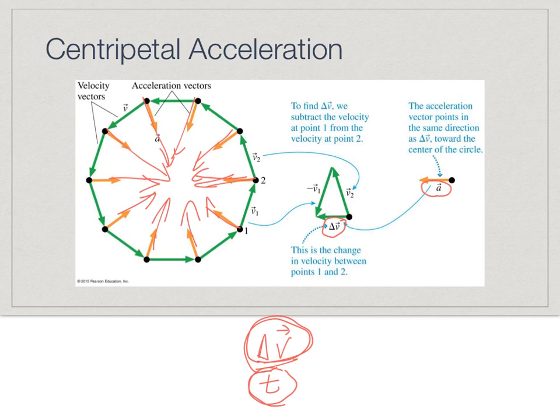The object is maintaining the same speed. The speedometer, if this was a circular track, would read the exact same thing as it traveled around. But the fact that it's changing direction means there's a change in velocity, because velocity is magnitude and direction. And since there's a change of velocity, there is an acceleration. That vector is always inward.